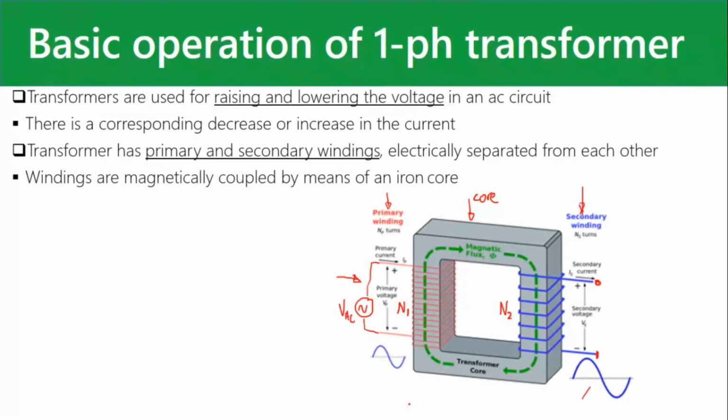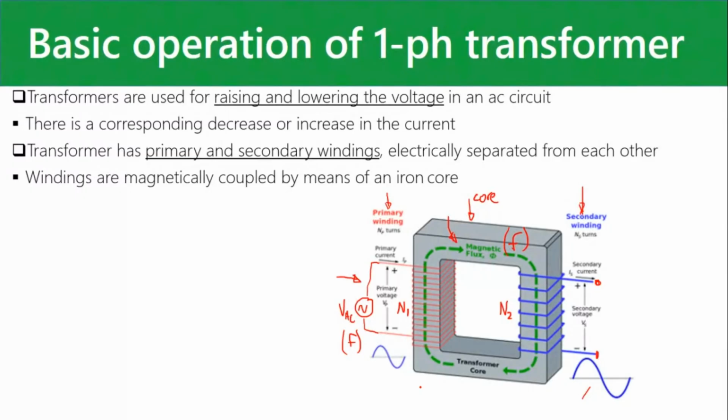All right, so the link between the primary and secondary is this magnetic flux, and that is concentrated in the core, in this magnetic material. Of course, that magnetic flux is fluctuating at a frequency f, the same as the frequency of the input.